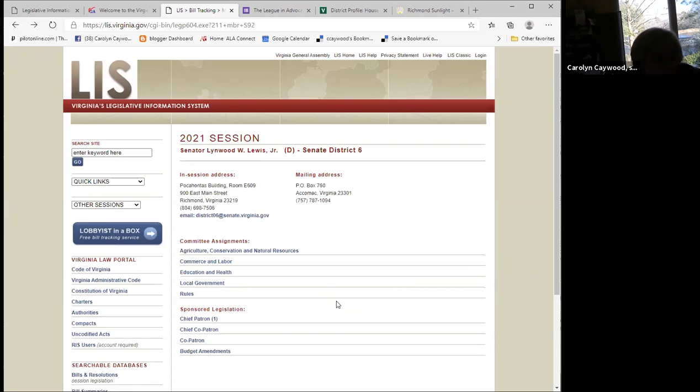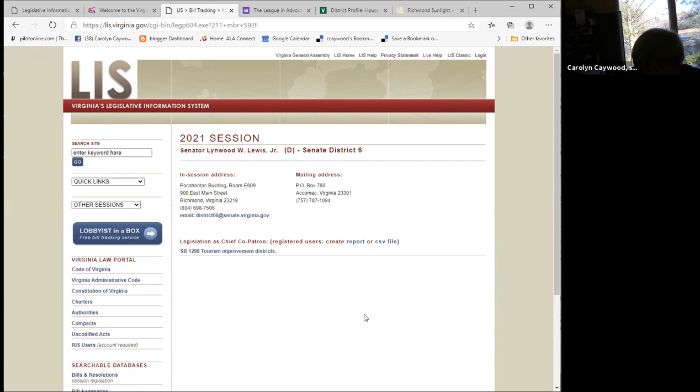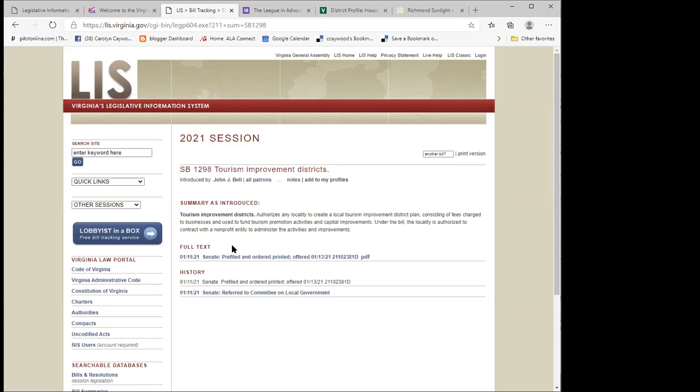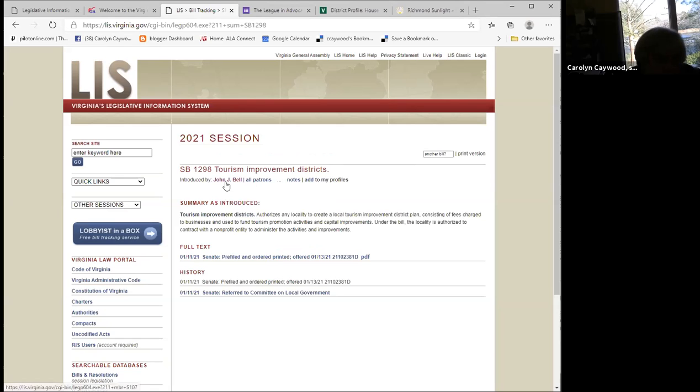Now, as I understand it, chief co-patron doesn't count against the allowable limit. So that enabled him to add this one, which I believe is a bill that Virginia Beach asked for. Click on that, please. Okay.